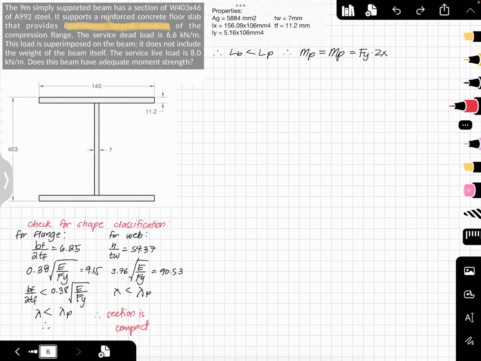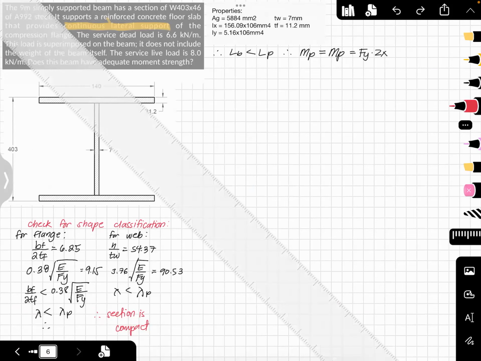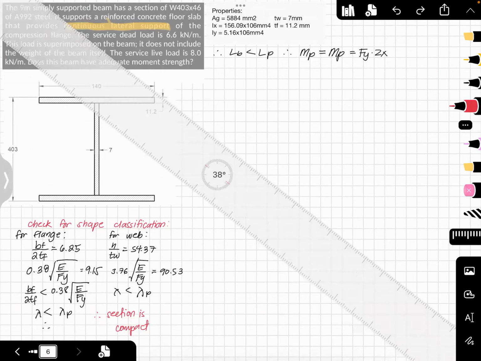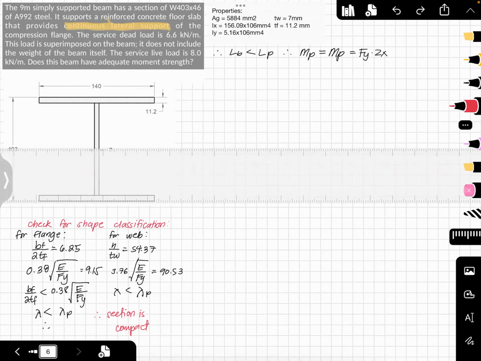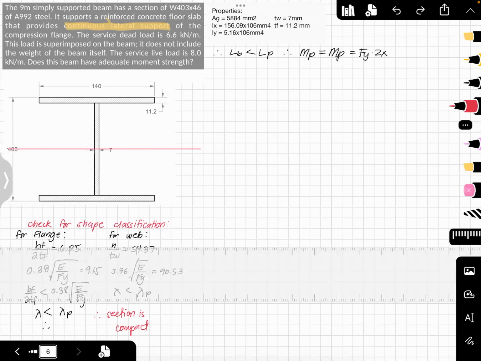So, di ba, we know that to get your Zx, we need to compute for your A. Since this is symmetrical, madali lang natin makompute yung area. So, same process of what we did earlier to compute for your Z. So, we will get the plastic neutral axis. Since this is symmetrical, dividing this into 2 will provide us with a neutral axis for the plastic moment.